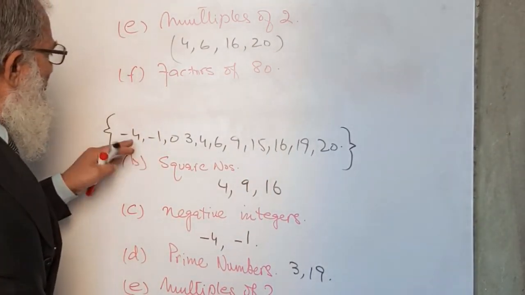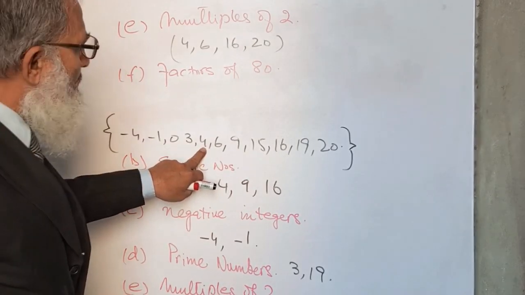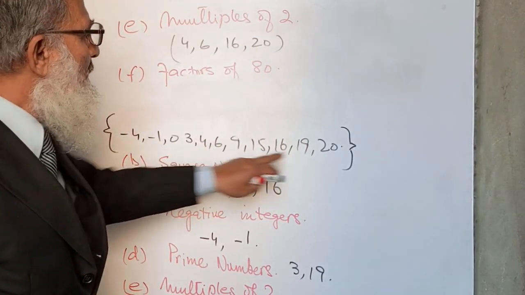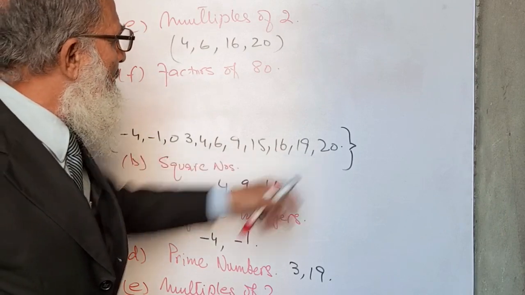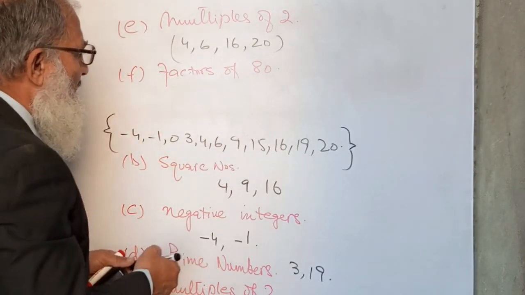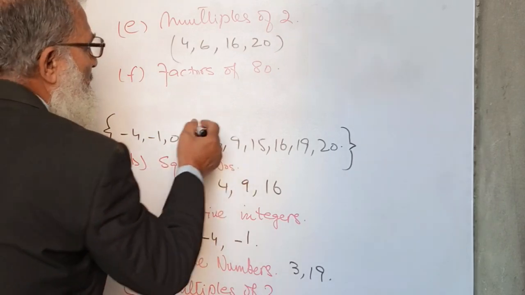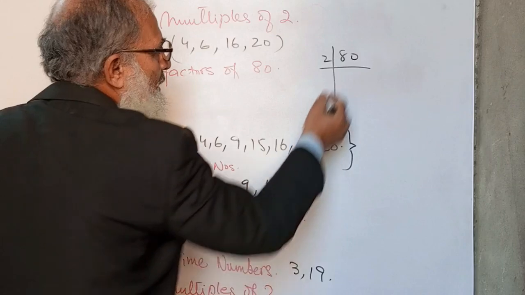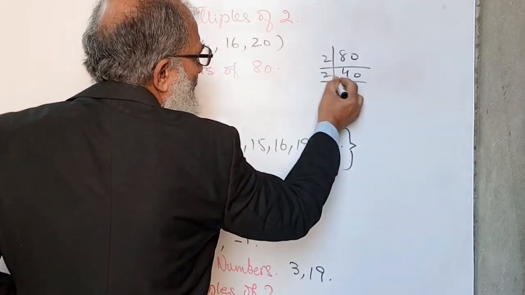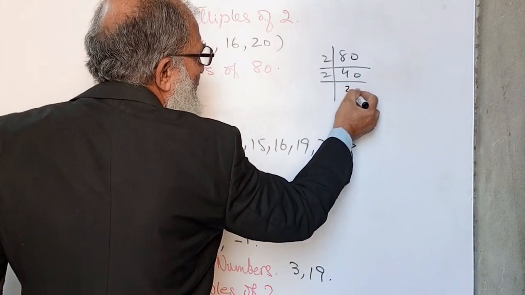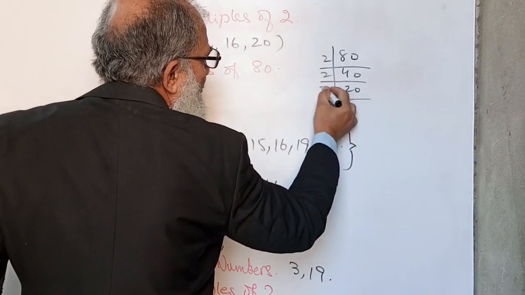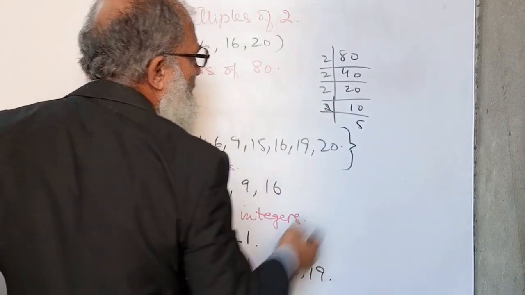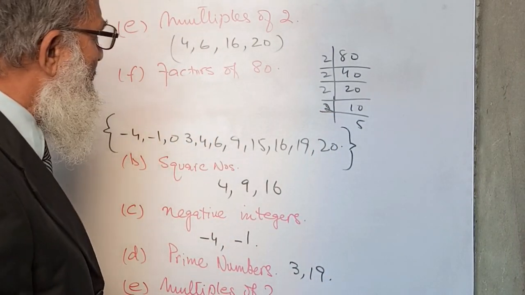The factors of 80 are 4, 16 and 20 because 4 times... If I just find the factors of 80, they will become 80, then 2 times 40, 2 times 20, 2 times 10 and 2 times 5. Now these are the factors.